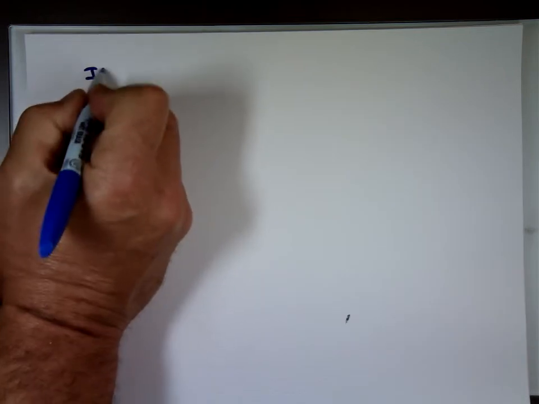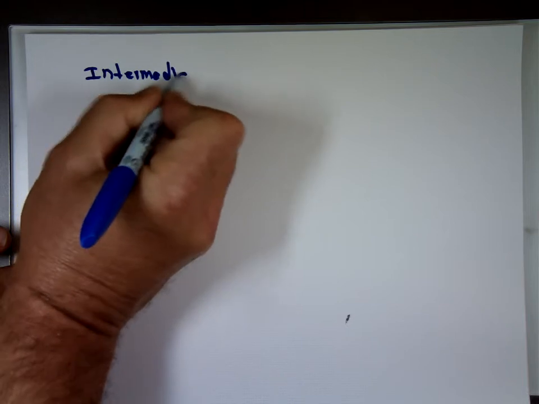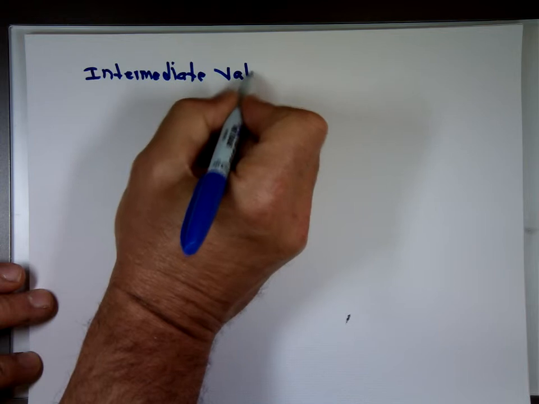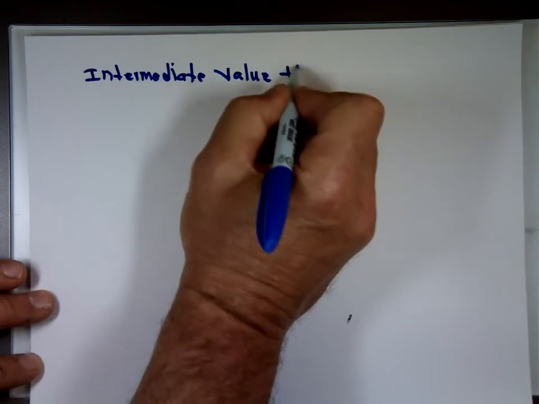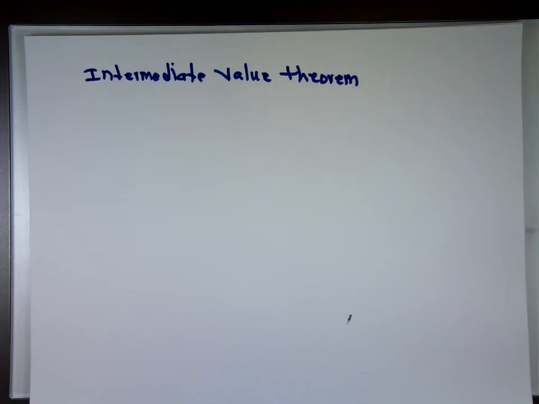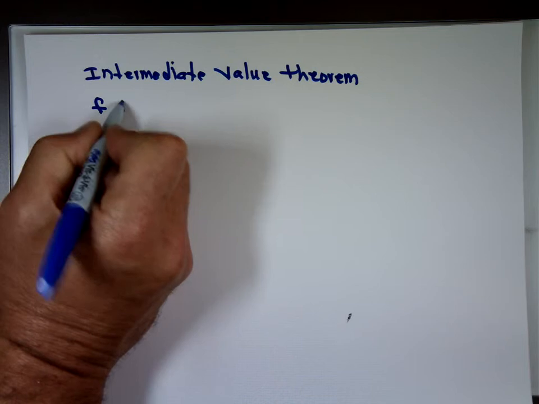So, intermediate value theorem. It says if you have a function f, f is continuous.